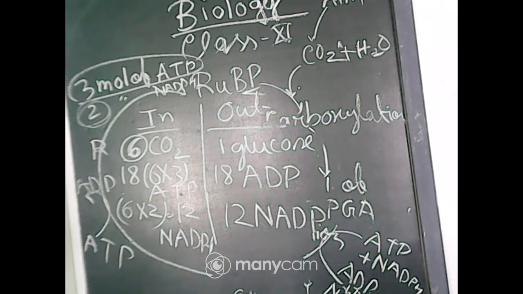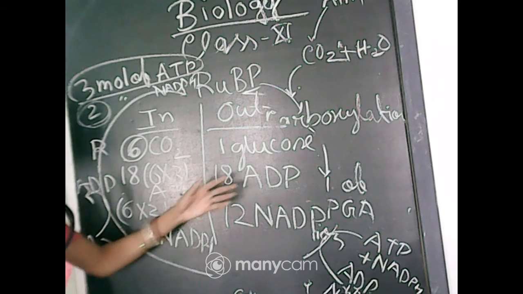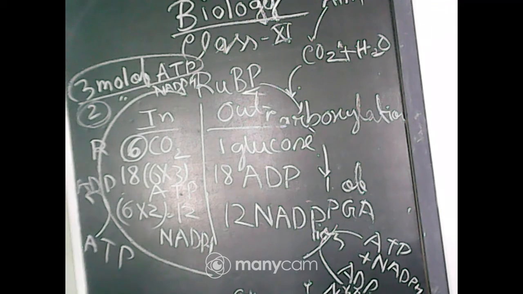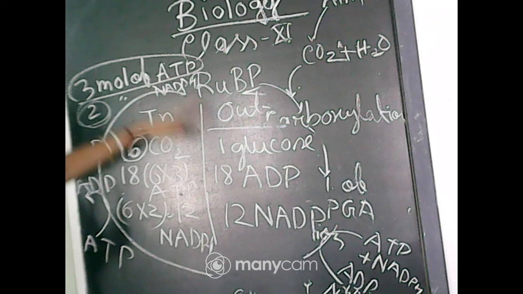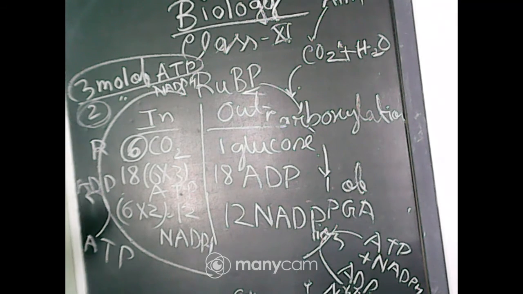So this one will be in and this will be out. Have you got this, what amount of ATP and NADPH is required? Why 18 and why 12? Clear everyone?